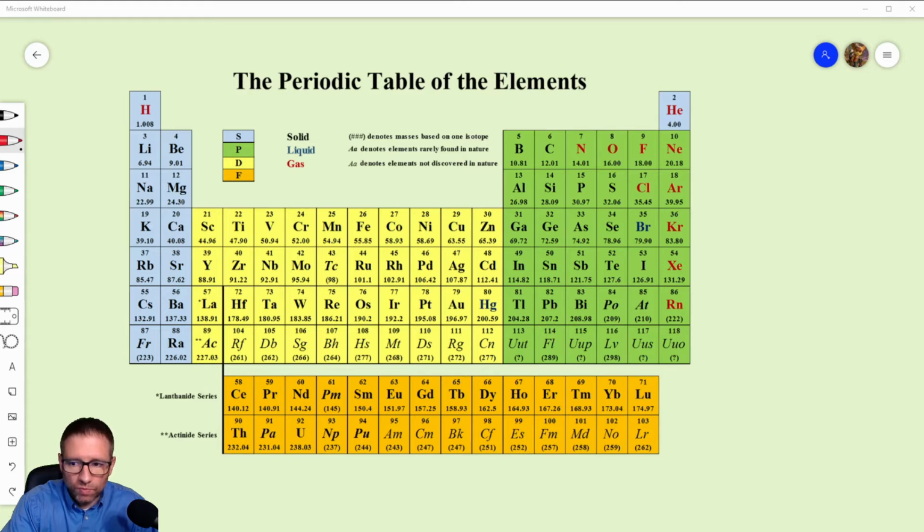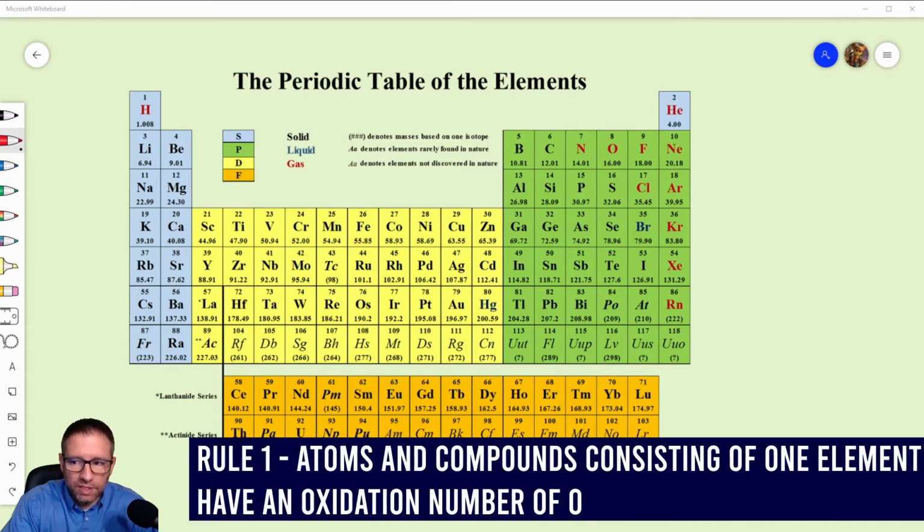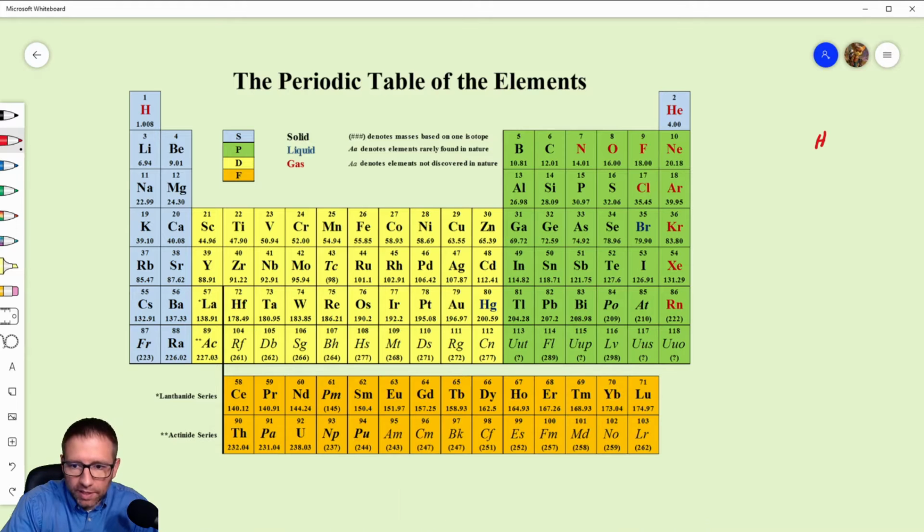The first rule is that neutral atoms and compounds that consist of one element have oxidation numbers of 0. For example, diatomic elements like hydrogen or oxygen are going to have oxidation numbers of 0. Each hydrogen will be considered an oxidation number of 0.